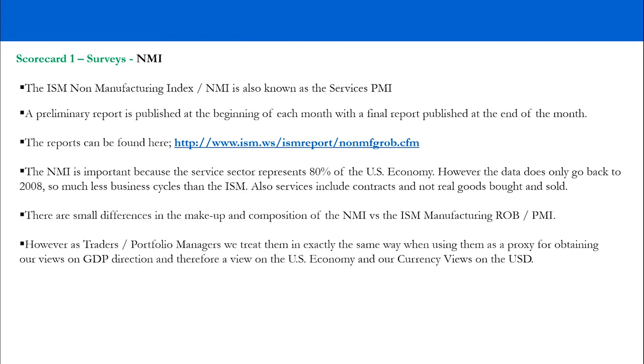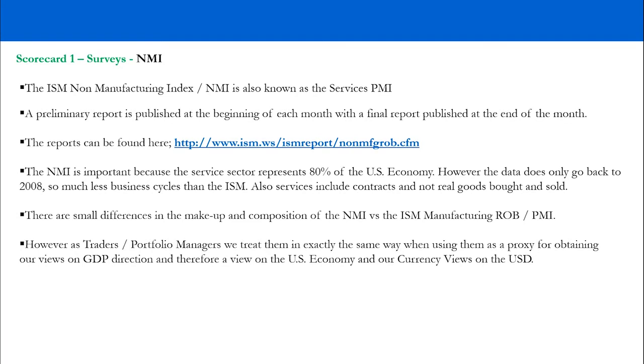But it's also because it's the service sector, and the service sector includes contracts between parties and not real goods bought and sold. So there is a question mark over its authenticity, in terms of analyzing real demand in the economy. Real goods bought and sold, because they're physical, represent the purchase and sale of real goods.